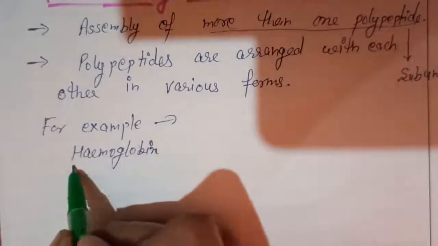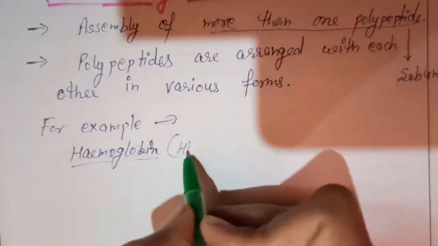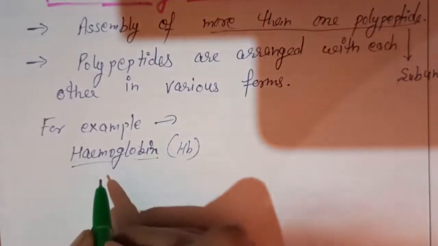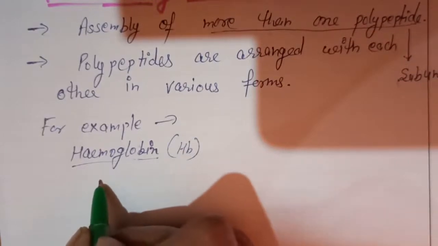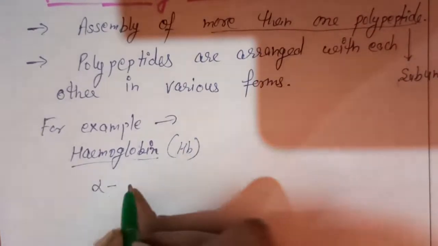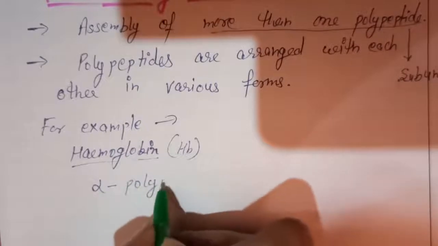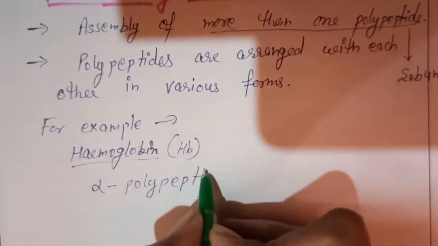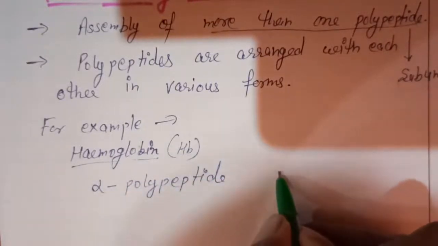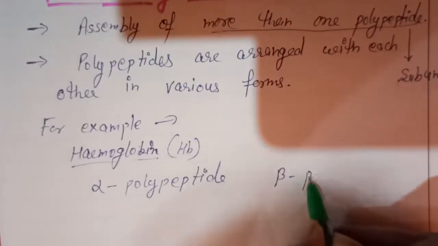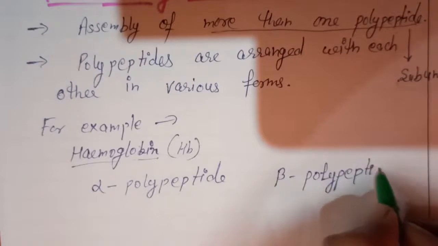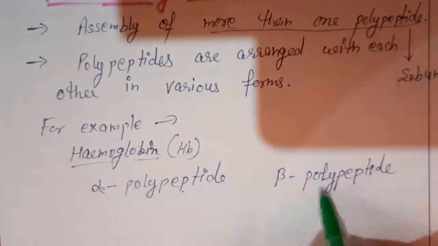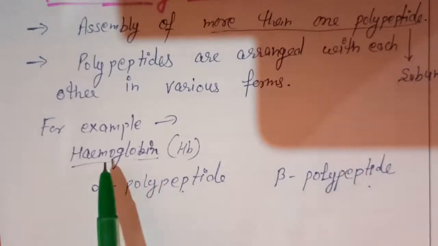Okay, and this hemoglobin, represented by Hb, is made up of two types of polypeptide: alpha polypeptide and beta polypeptide, or you can say alpha chains and beta chains are present in hemoglobin.